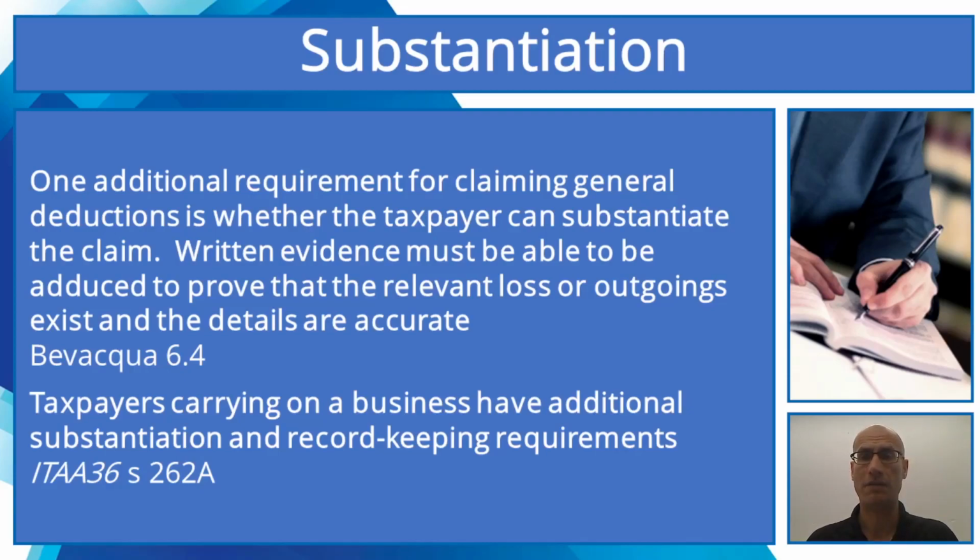How you obtain that written evidence and the form that it takes varies for the different types of expenses that a taxpayer is claiming. And it's important to note from the outset that different types of taxpayers have different levels of substantiation requirements, with sophisticated large entities required to keep very, very detailed, comprehensive records, whereas individual taxpayers and partnerships have less or somewhat diminished substantiation and record keeping requirements themselves.